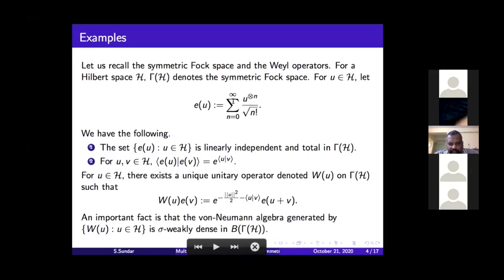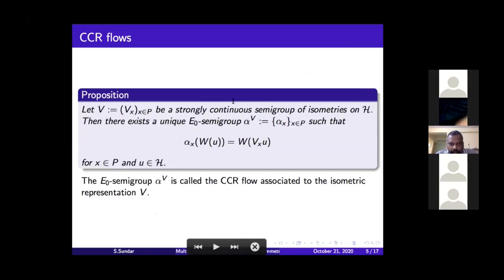So here is the first example of an E0 semigroup. That's a proposition. Suppose you have a strongly continuous semigroup of isometries on H. What does that mean? That means that you have a semigroup of isometries. So for every x, V_x is an isometry, and it satisfies the semigroup law, which means that V_x times V_y is V_{x+y}, and it is strongly continuous.